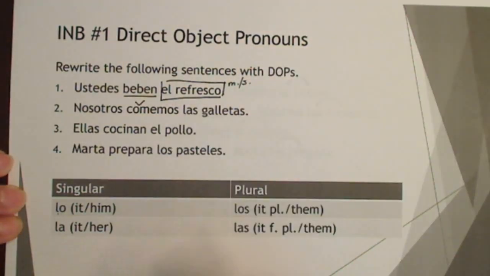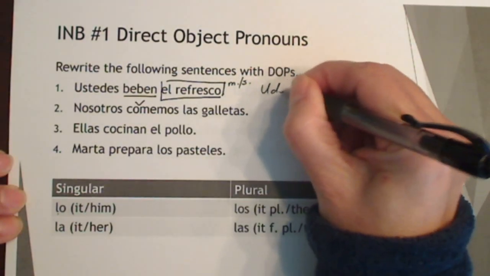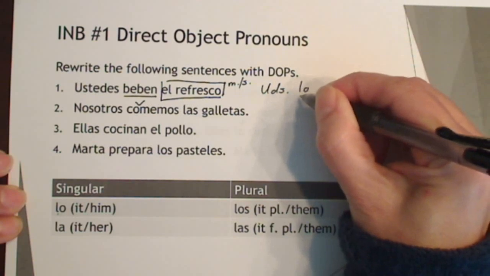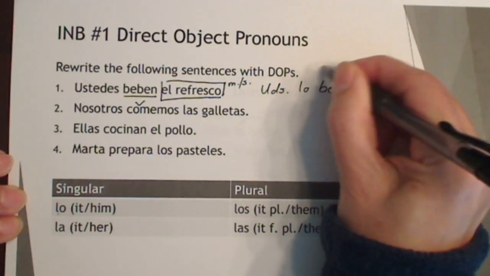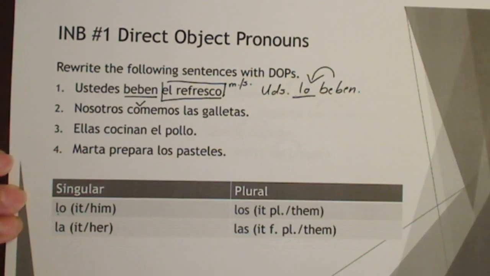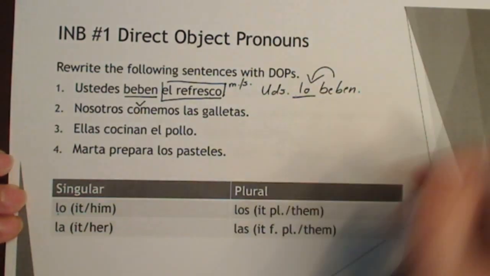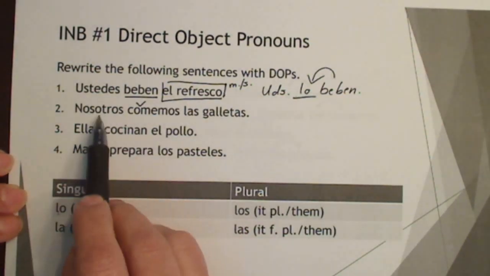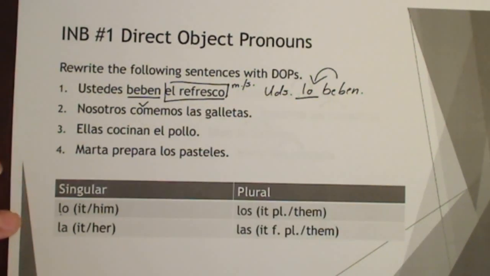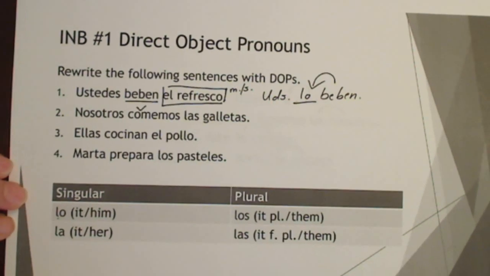And if I rewrite this, it would be ustedes lo beben. Because remember, it comes right in front of the conjugated verb, not in the back, right in front. Okay? So I would pause and I would try doing the other ones and then come back and check. Okay?